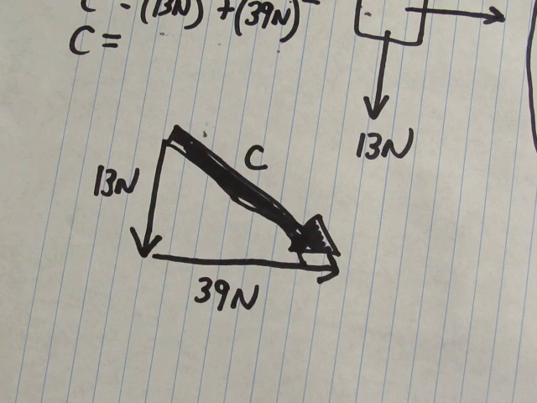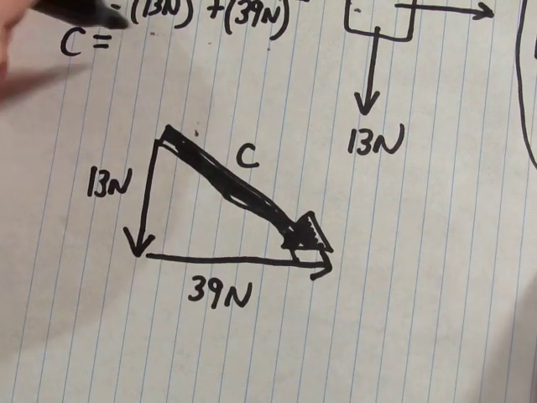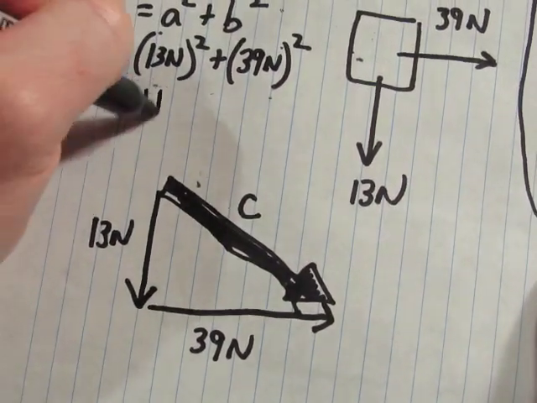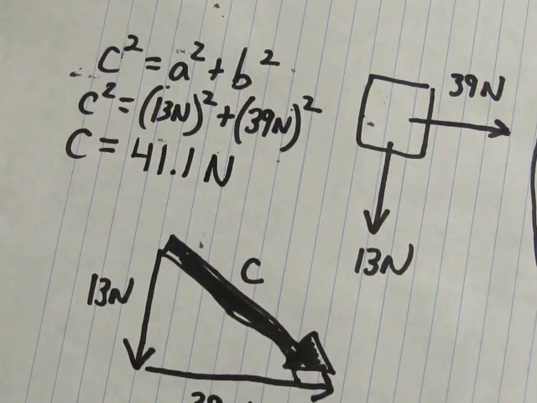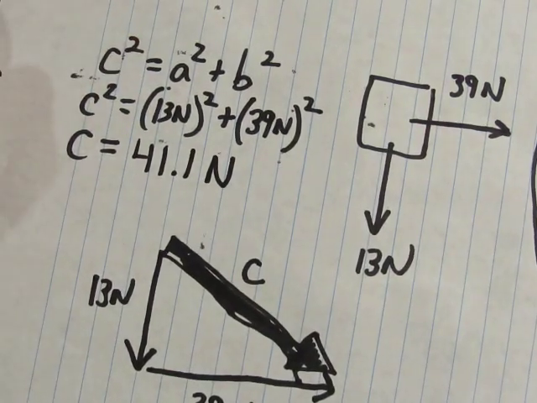So 41 point, I don't know how many decimals to carry this for this video, but 41.1 newtons. And normally that would be the end of the question. So that is the overall net force.